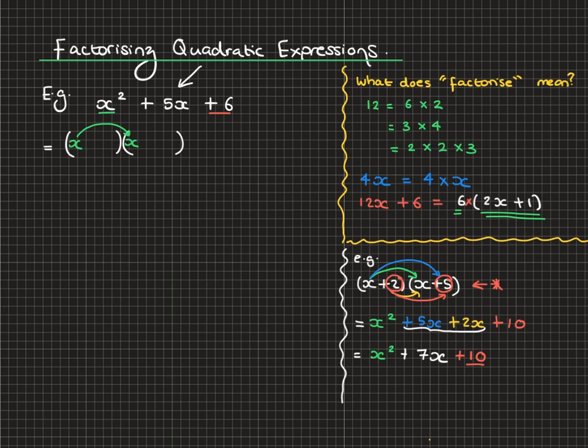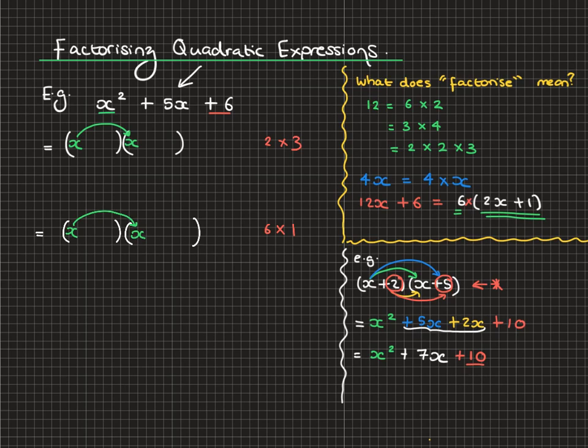So there are not that many options here. I could have 2 multiplied by 3, or I could have 6 multiplied by 1. Let's try them both out and see what happens. So I'm going to set up a second pair of brackets, and I'll have x and x here at the start, which we know will give us the x squared term.